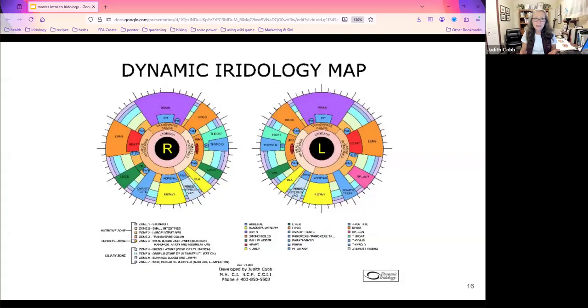So to that end, you will notice that the dynamic iridology map, which is a truly constitutional iridology map, only shows organs and tissues that affect the metabolism in some way. So I don't show subdivisions of the kidney. I only work with the whole kidney. I don't have a herb that works on the renal pelvis, but I do have herbs that work on the kidneys.